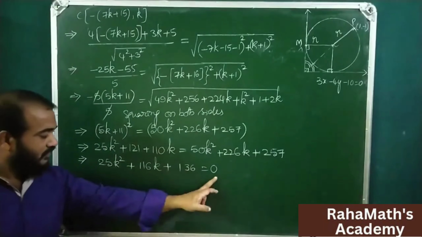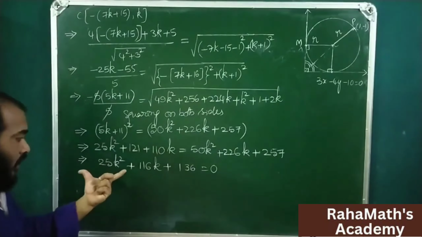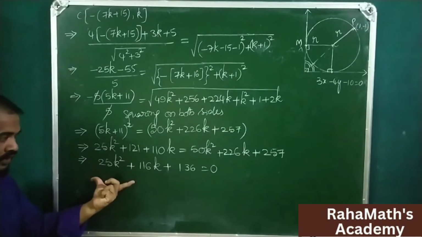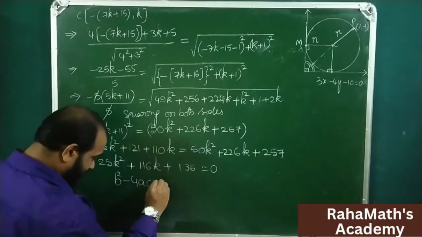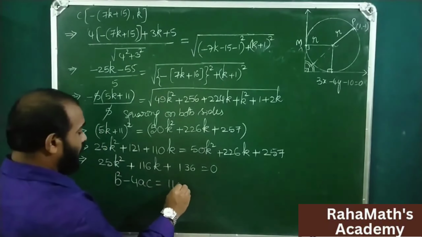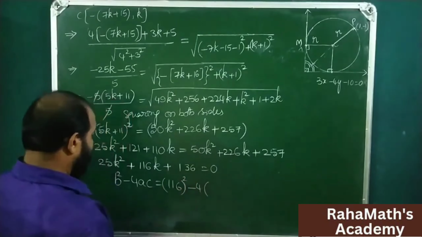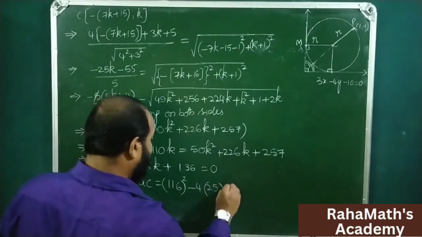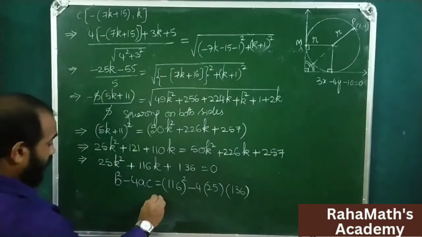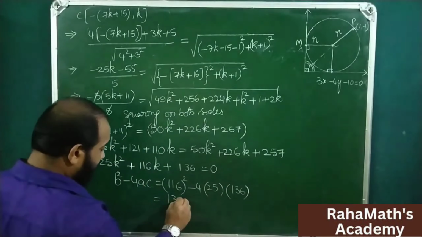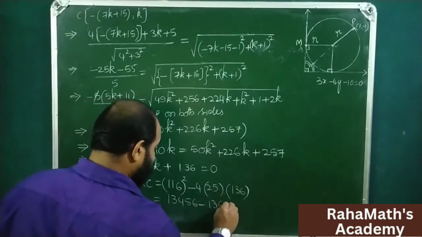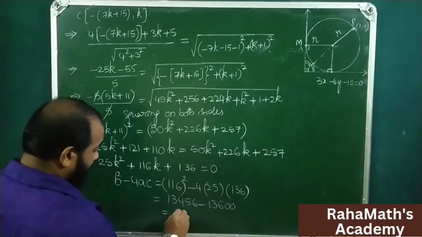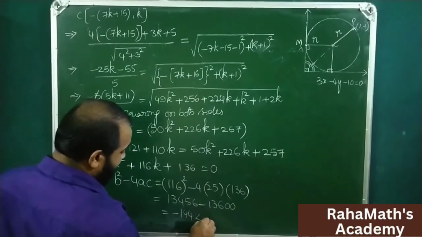So this is a quadratic equation in terms of k. Whether the roots are possible or not can be ascertained by the discriminant b square minus 4ac. So 116 whole square minus 4 into 25 into 136. 116 whole square is 13456 minus 13600, which is equal to minus 144, which is less than 0.